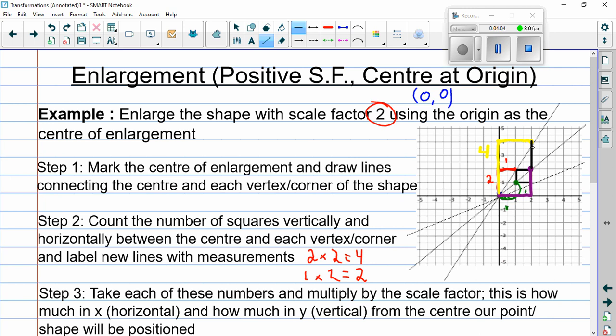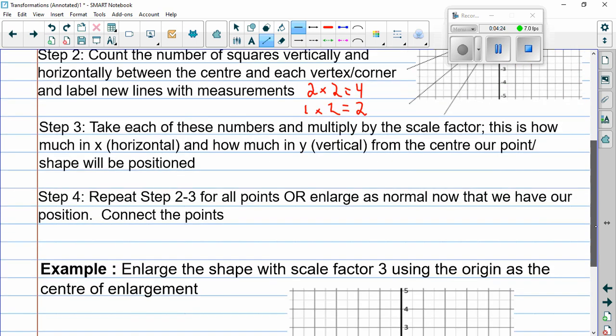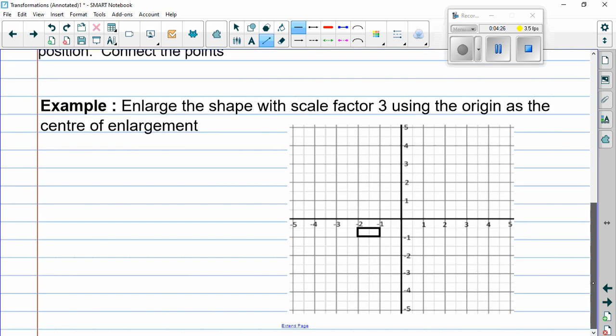If 1 becomes 2, it's going to be 2 over. And this is where it can be helpful to have these lines, because they can be your check. Right there, we stop, which lands on our line. Then we go 2 down, which almost lands on our line, and then 2 over. So we are done. We're going to do one more example to get a better feel for this.